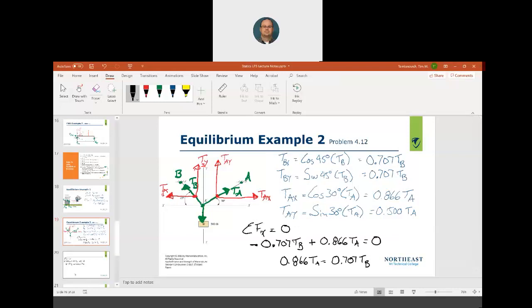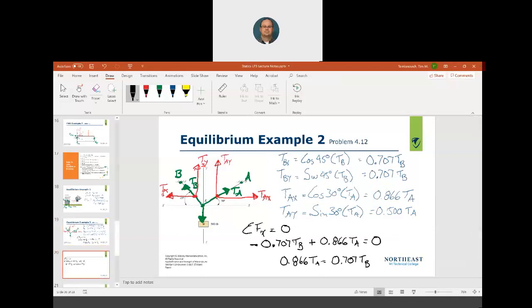So basically, I solve simultaneous equations. What I do is solve for TA, and then substitute it back into another equation. So I'm going to use the sum of the forces in the x direction to solve for TA.